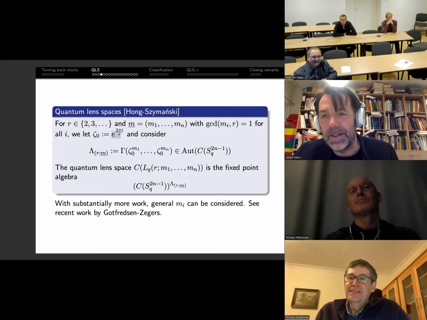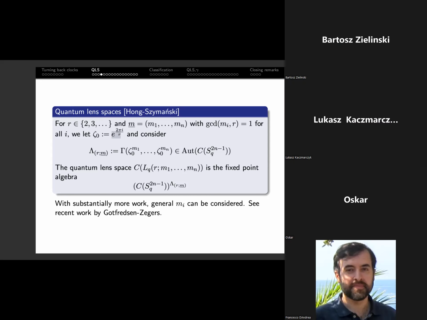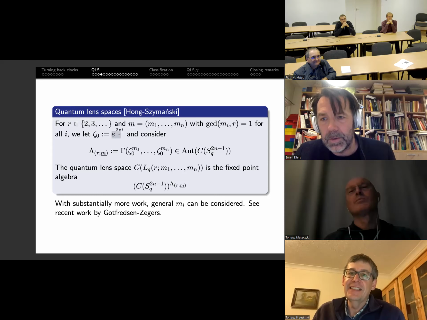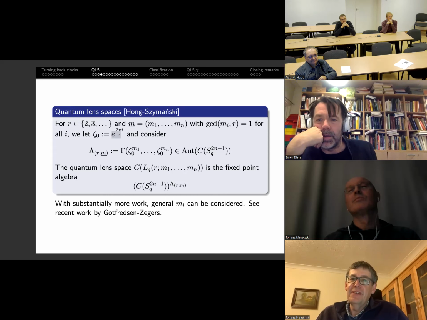Okay. And maybe just one comment. Those lens spaces which are orbifolds classically, because they are not smooth, when they are quantized and become graph C-star algebras, they behave in a much smoother way.